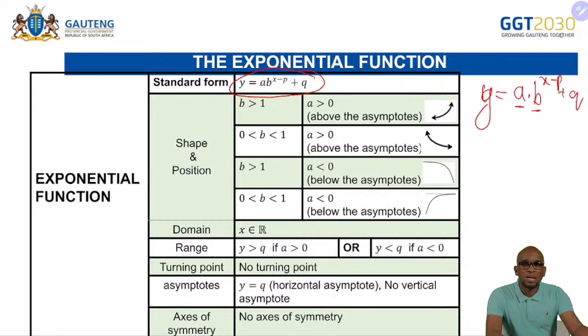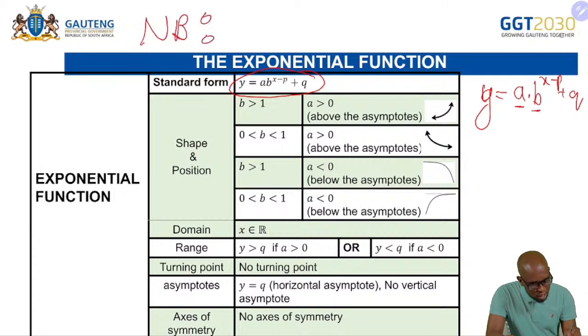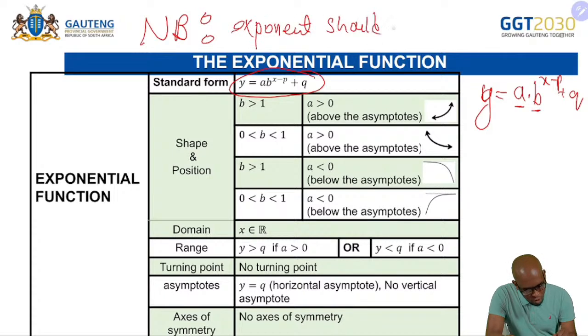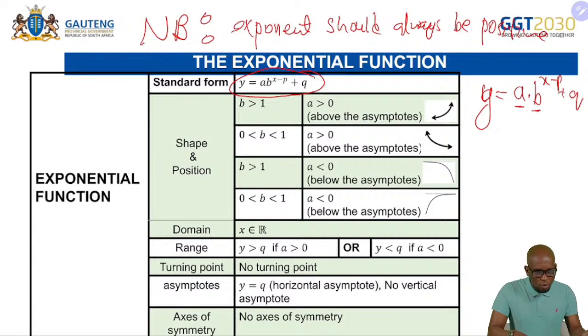But first, there are rules that we learn in grade 10 when drawing exponential functions. The most important rule here is that the exponent should always be positive.